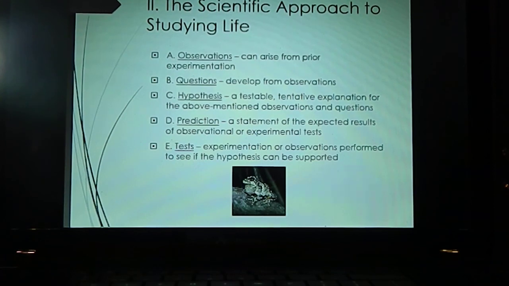And so when the males are going beep, the females are attracted to that call, and they come toward the males. And so you do this over and over again. And if you get the same results, then you can decide that the results are worthy enough to publish. And so you publish your results that support your hypothesis.